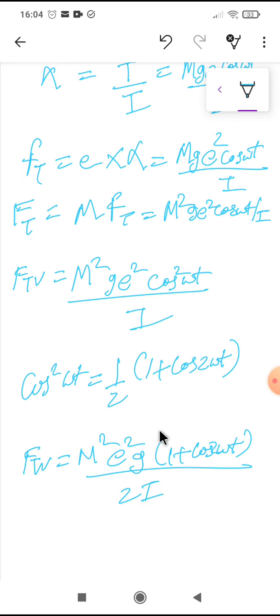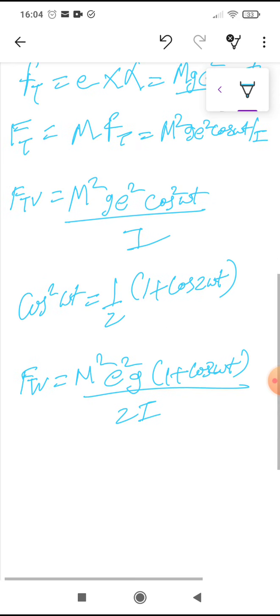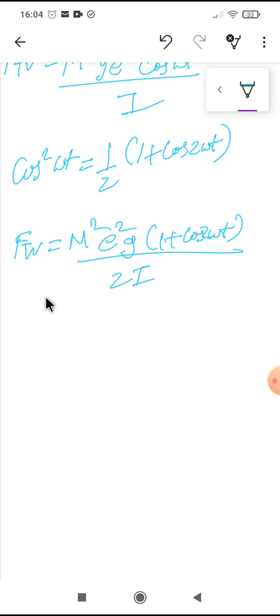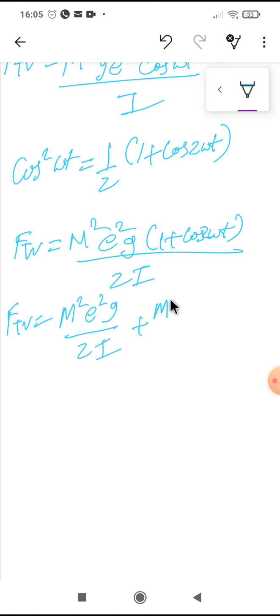So if we multiply this whole term inside the bracket, we will get Ftv equal to m squared e squared g by 2I, plus m squared e squared g divided by 2I, times cos 2 omega t.